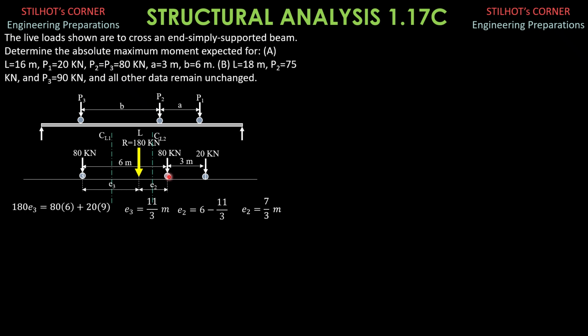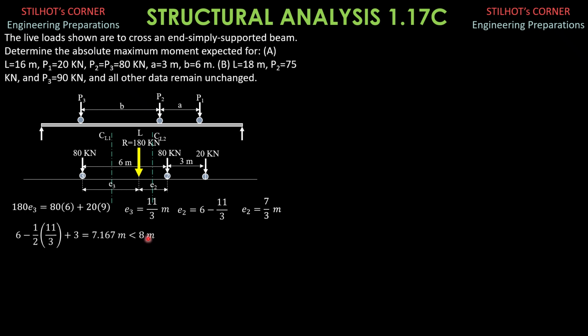And let's check also if the absolute maximum moment occurs under load 3. Let's check if load 1 is still on the beam or on the span. To do that, we have to evaluate 6 minus E3 over 2 plus 3. So 6 minus one half of E3, 11 over 3, plus 3 is 7.167 meters, less than 8 meters.